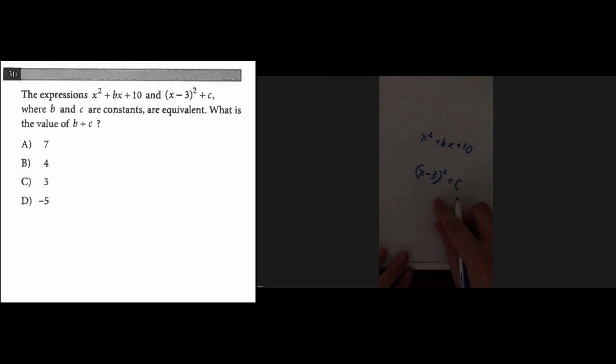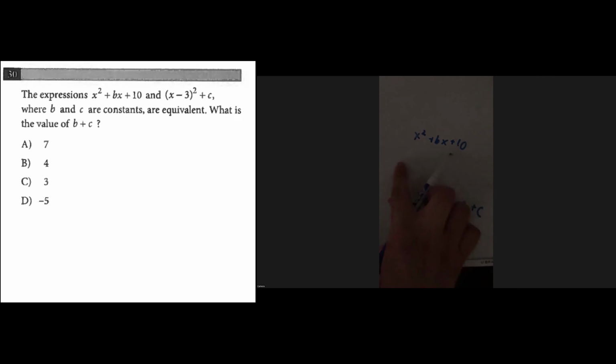So (x minus 3) squared is x squared, sorry, not minus 3x, x squared minus 6x plus 9, because negative 3 times 2 is negative 6, and negative 3 squared is positive 9, plus c. So we have x squared minus 6x plus 9 plus c, and our other expression is x squared plus bx plus 10.